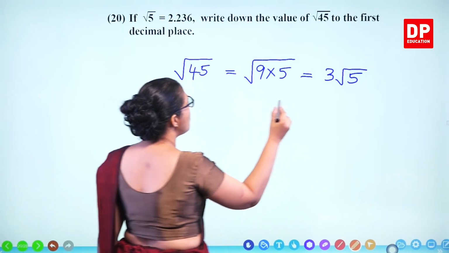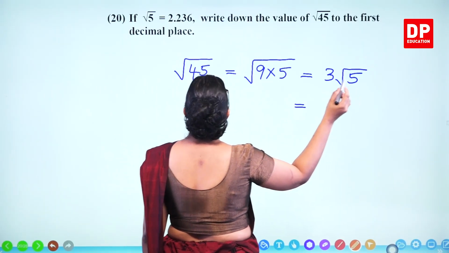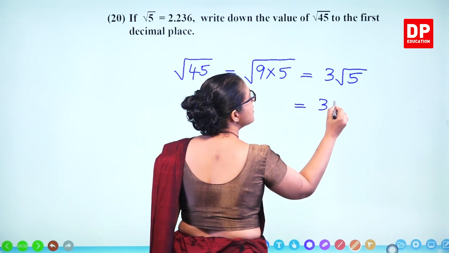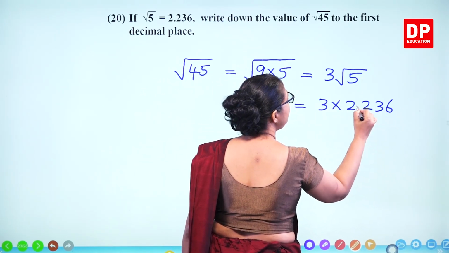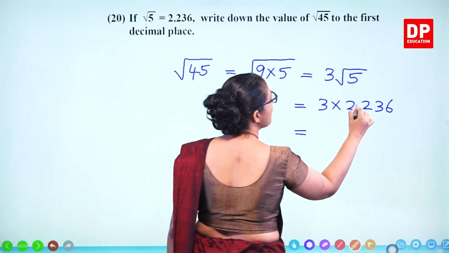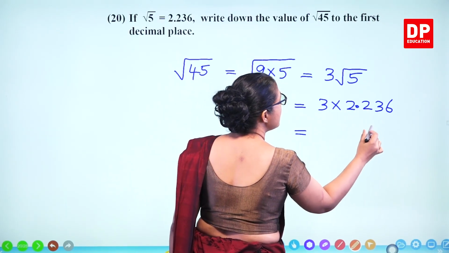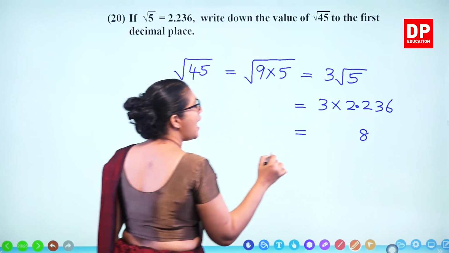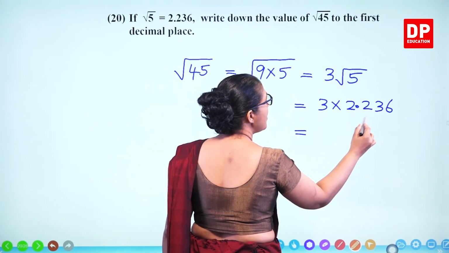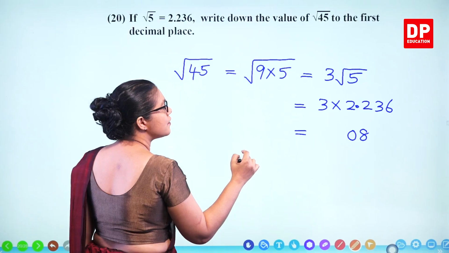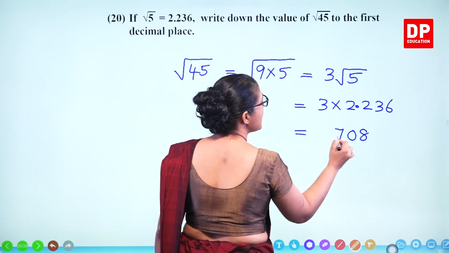Now we know root 5 is 2.236. So this is 3 times 2.236. You get 3 times 6, 18 and 1 remaining. 3 times 3, 9 plus 1, 10. And 3 times 2, 6 plus 1, 7.